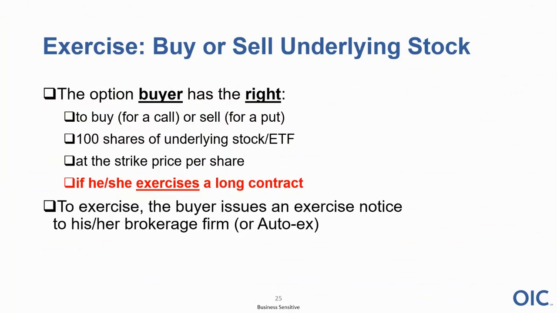It's trading at $145 in the market. Intrinsically, that option is going to have $5 of value. So without me even saying anything, my broker knows that I want to exercise that contract, and they will do it for me automatically, the auto exercise process.